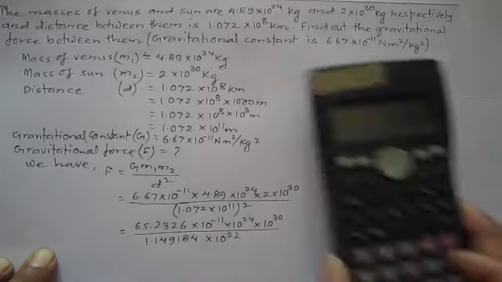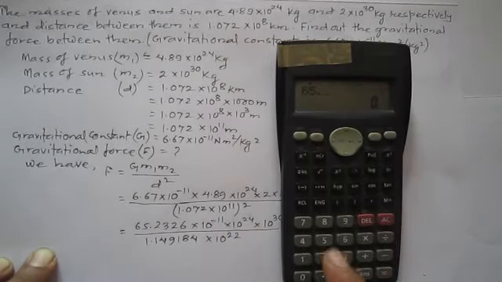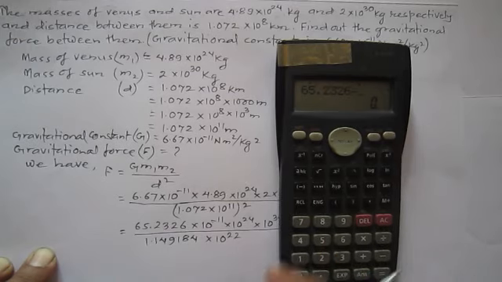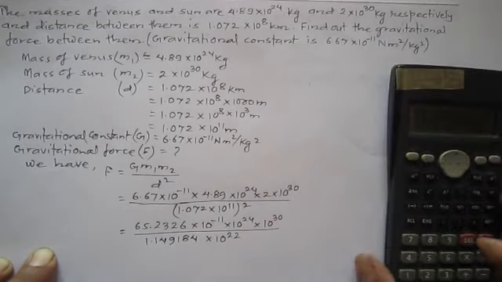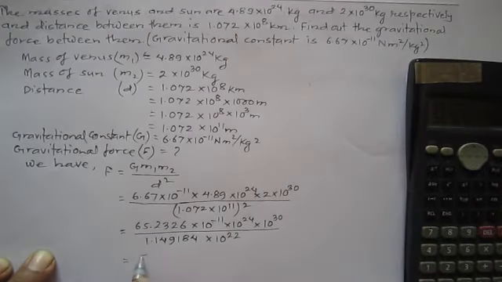That's why 65.2326 is divided by 1.14984, and this is equal to 56.76, into 10 to the power minus 11 plus 24 plus 30.